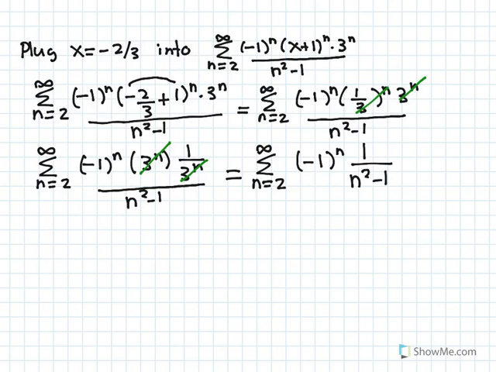Now, we can certainly apply the alternating series test and show that the terms are decreasing and the limit of the general term 1 over n squared minus 1 is equal to 0, so the series converges by the alternating series test. But let's actually apply the absolute convergence test.